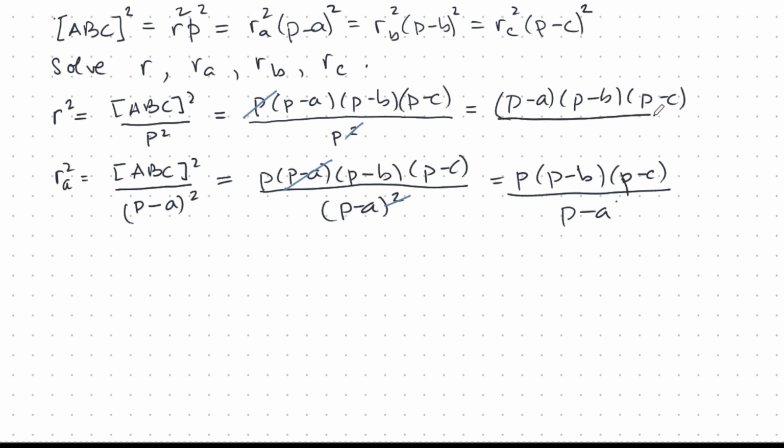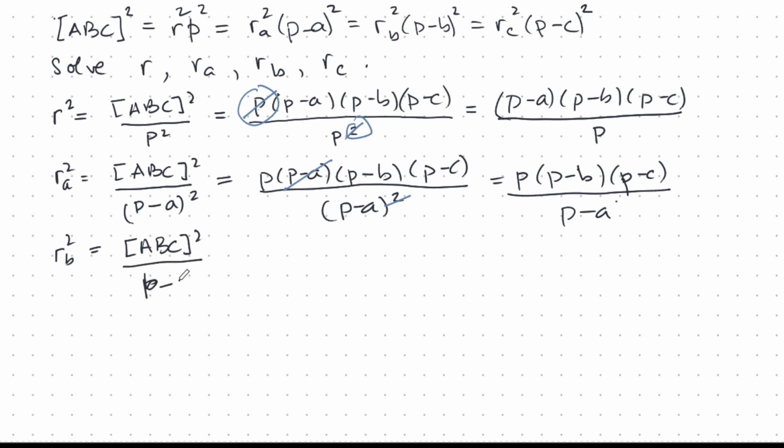You see, look at this. This should be a p here, because I've canceled out one of these p's, but not both of them. Okay. So you see, it's so easy to make a mistake when faced with a wall of algebra like this, okay? But this is not ugly algebra. This is like super beautiful algebra.